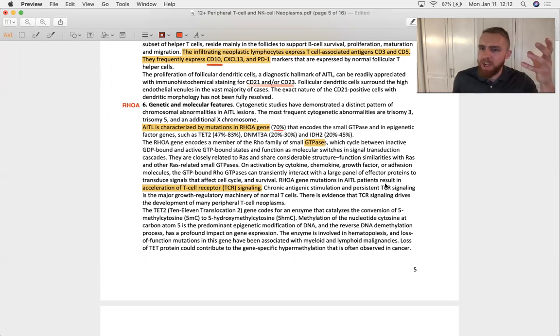Okay, it's this thing that has an on-off switch, and the on is GTP and the off is GDP. It goes through the membrane, then it's got an intracellular domain, which is bound to either GTP, which means it's on, or GDP, which means it's off.